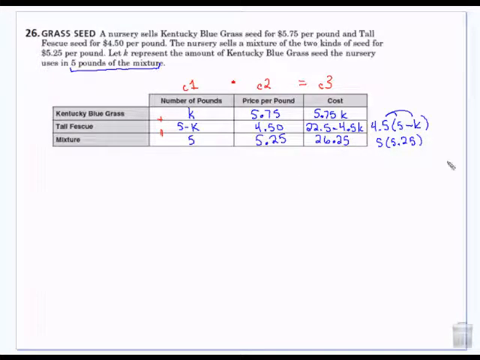Okay, and just like in this first column, as we come down here, this is plus equals. So 5.75K plus 22.5 minus 4.5K is going to equal 26.25.